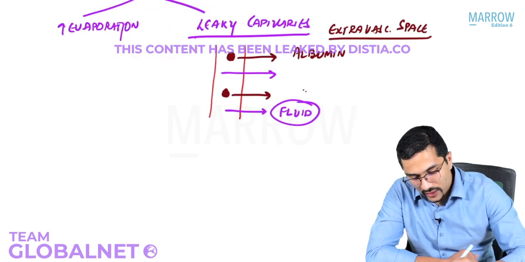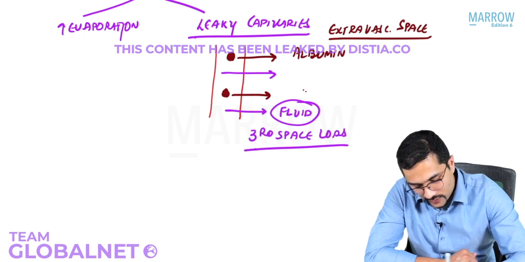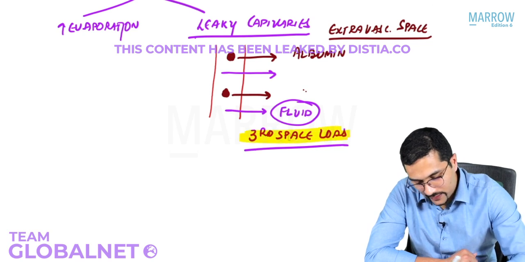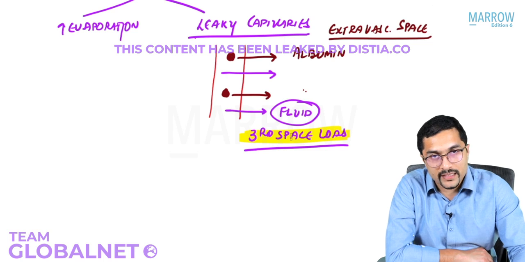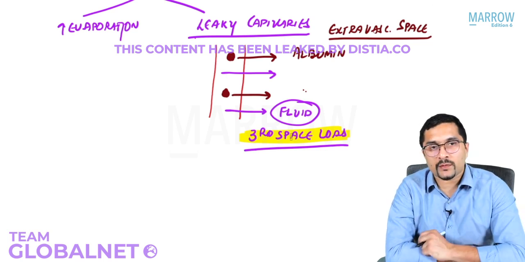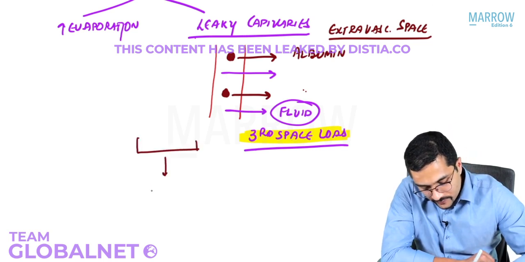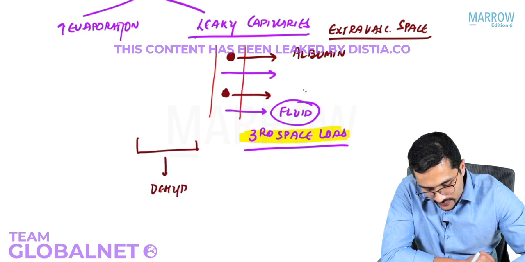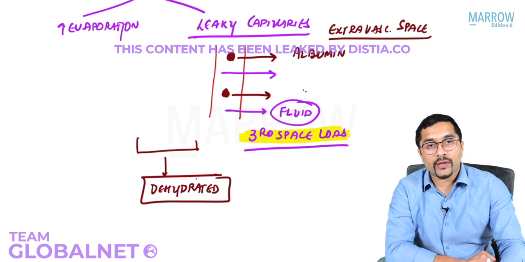And this gives rise to the third space loss seen in burns, where the fluid comes out into the extravascular space. So because of increased evaporation and because of third space loss, burns patients are usually dehydrated. These are the reasons why burns patients are dehydrated and they require proper fluid therapy.